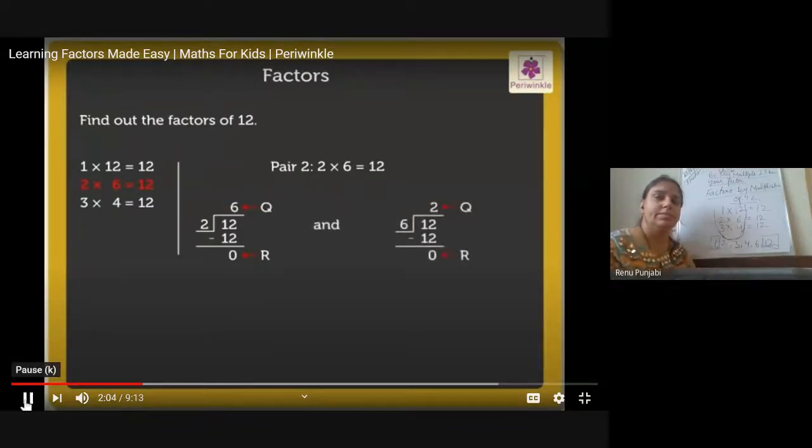And if we divide 12 by 6, we get the quotient as 2. In both the cases, the remainder is 0. Thus, it means that 12 is divisible by 2 and 6.